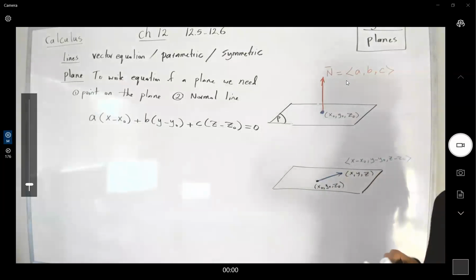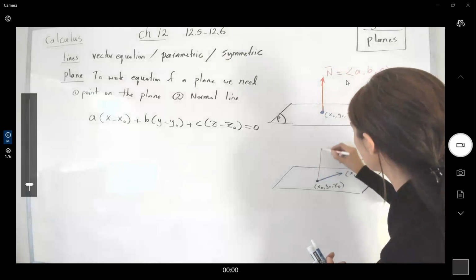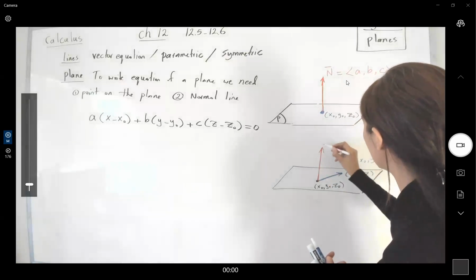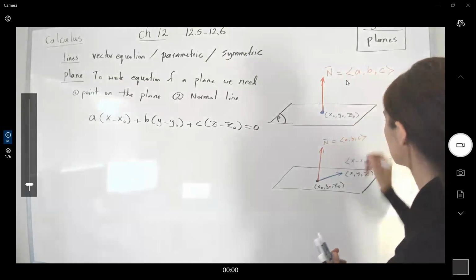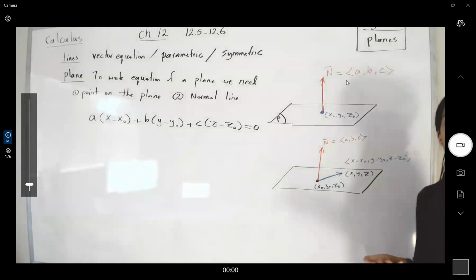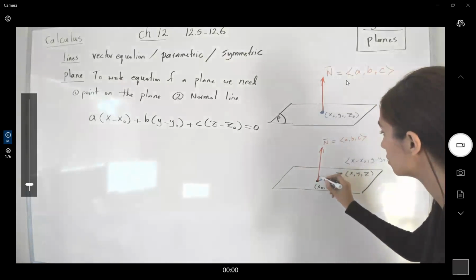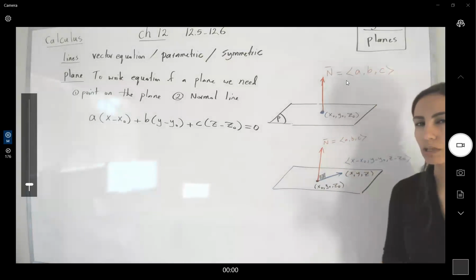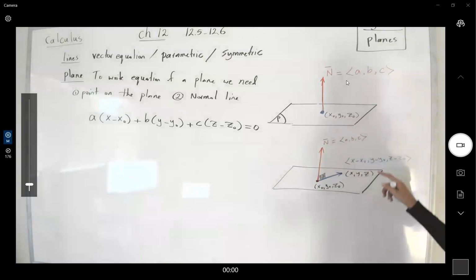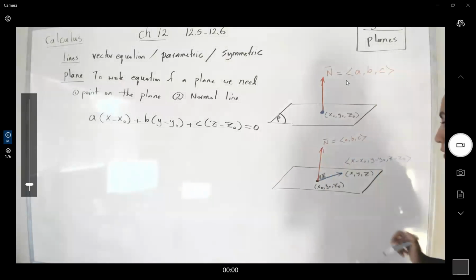And at the same time, I have the normal line or the normal vector to the plane. This is my n with components a, b, c. When we're talking about being normal, orthogonal, it means that the angle between these two is going to be 90 degrees. What's the meaning of that? It means that the dot product between these two vectors is 0.